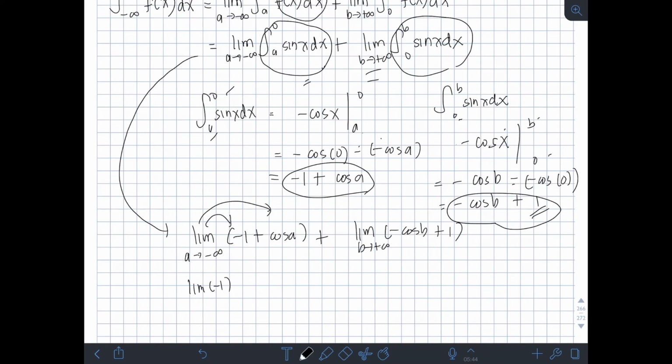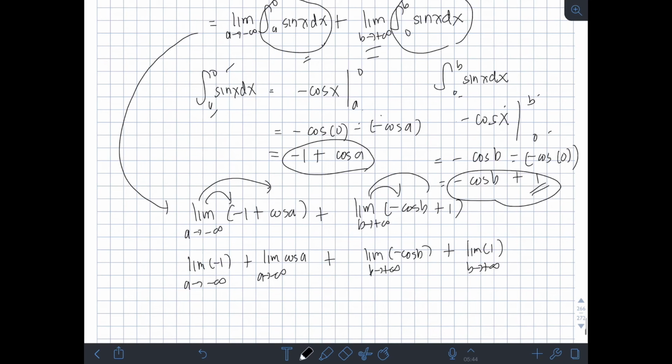Limit of negative 1 as a approaches negative infinity plus limit of cos a as a approaches negative infinity. Dito rin sa kabila, distribute limit of negative cos b as b approaches positive infinity plus limit of 1 as b approaches positive infinity. So, itong dalawang limit natin na constant, yung negative 1 tsaka 1, ang value niyan is negative 1, right? Tsaka 1.